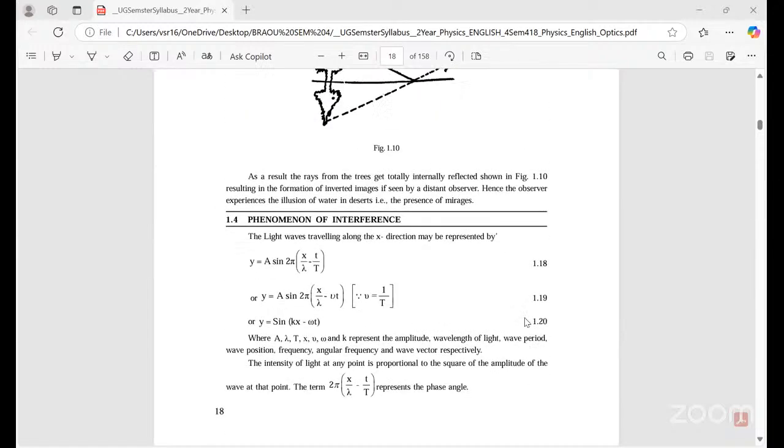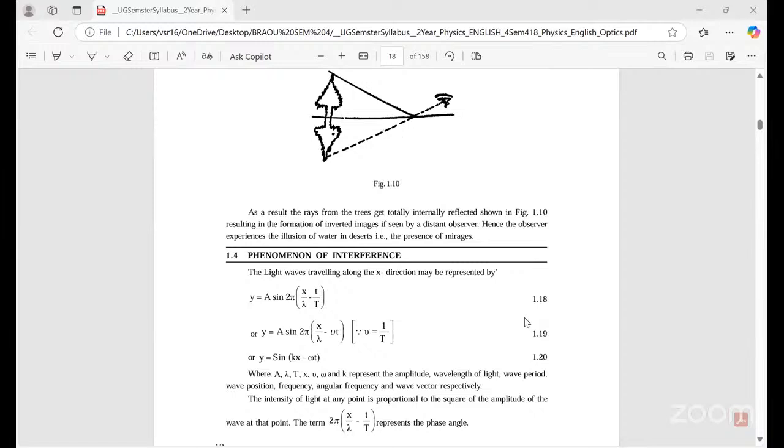As a result, the rays from the trees get totally internally reflected, resulting in the formation of an inverted image seen by a distant observer, and the observer experiences the illusion of water in deserts due to the presence of the image.